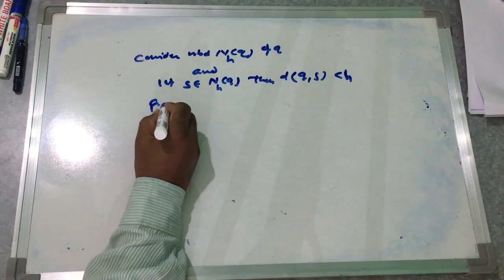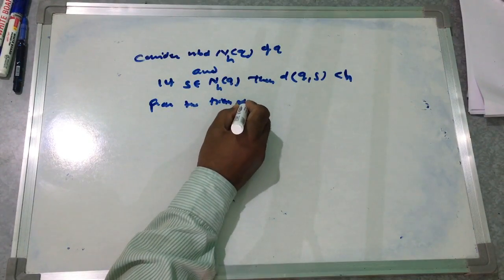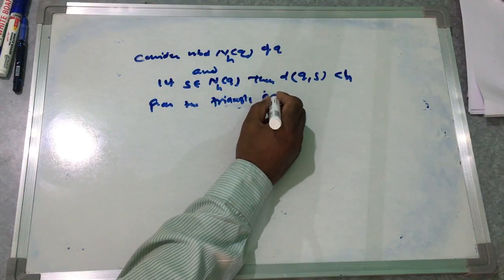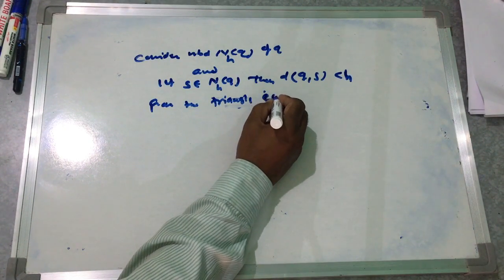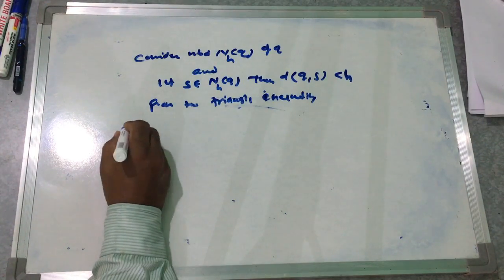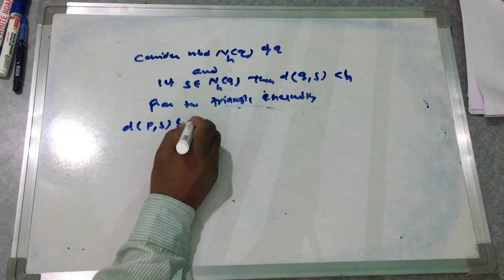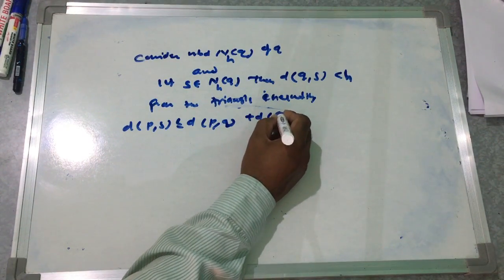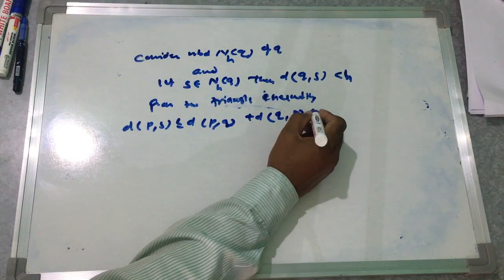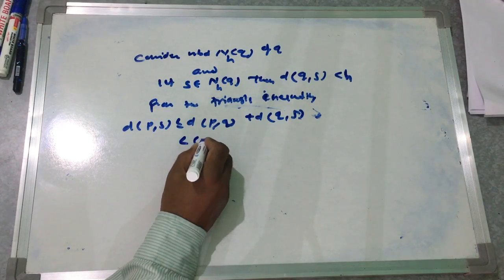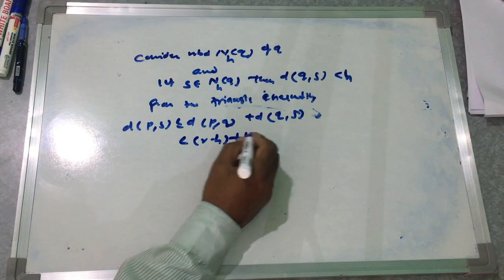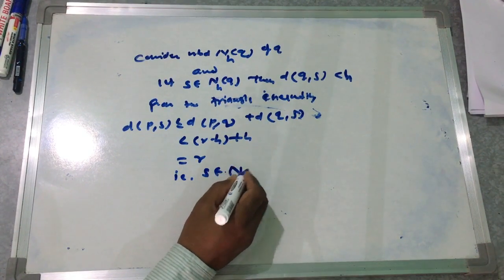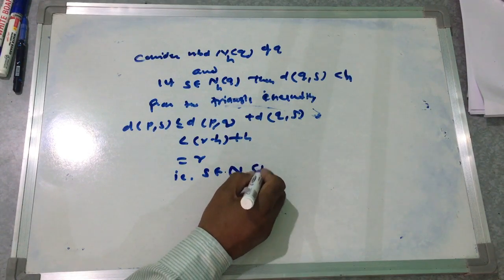From the triangle inequality, it will be distance ps less than or equal to distance pq plus distance qs, less than r minus h plus h, which is equal to r, that is s belongs to N_r(p).